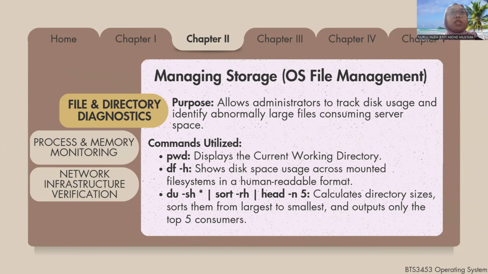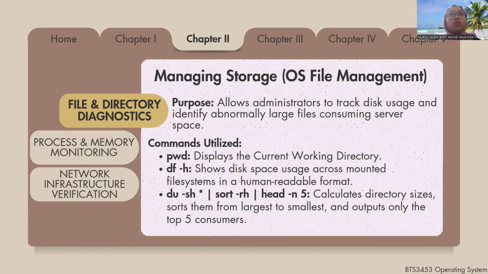So the first one is file and directory diagnostic, which is managing storage in OS file management. Our purpose is to allow administrators to track disk usage and identify abnormally large files consuming server space.